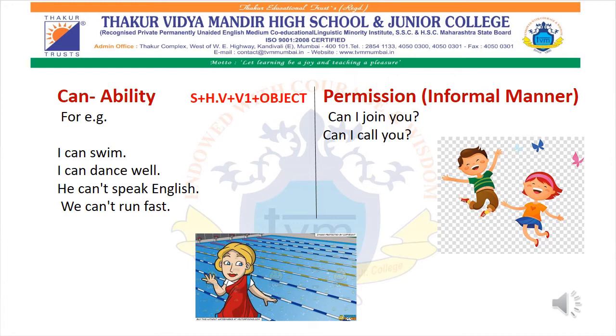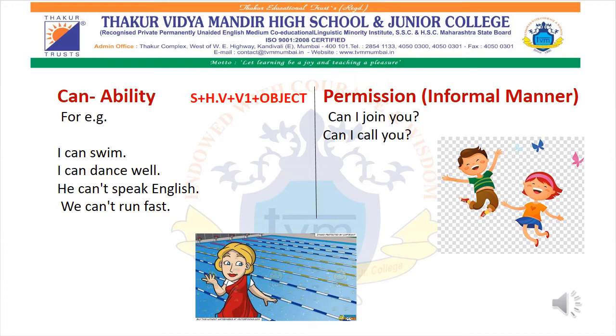Now first we'll look at the ability thing. I can swim. It is telling the ability of a person that yes, I can swim. It is telling about my ability. I can dance well. So it is telling about the ability of a person that yes, he can dance well. In the third sentence, he can't speak English.